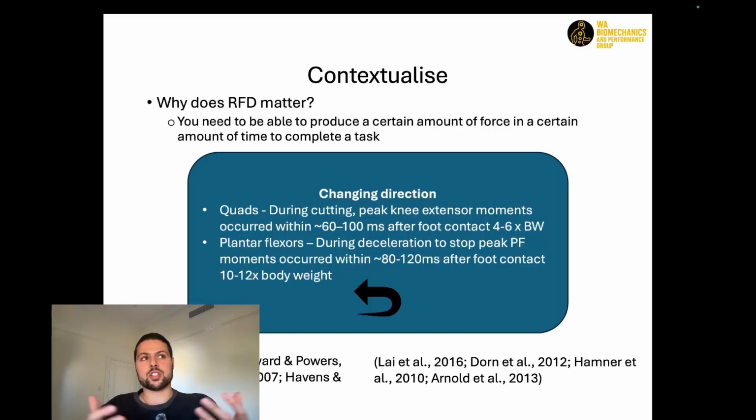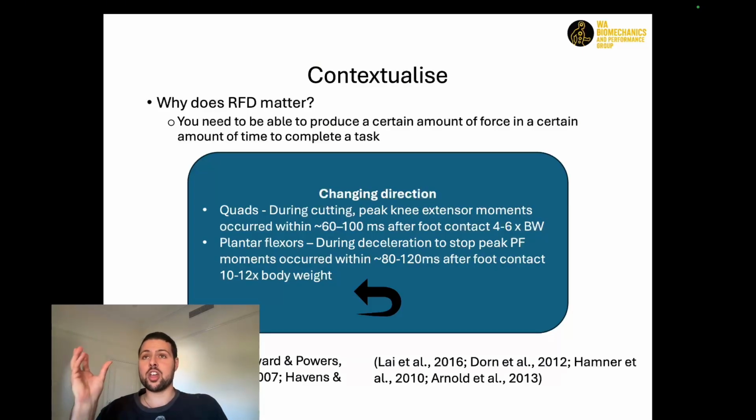And then if we take this into sport and running, sorry, my face is getting in the way of a lot of references here, but changing direction, again, through biomechanical loading profile studies, we see that the quads during cutting, peak knee extensor moments can occur within 60 to 100 milliseconds after foot contact. And this is as high as 4 to 6 times body weight, right?